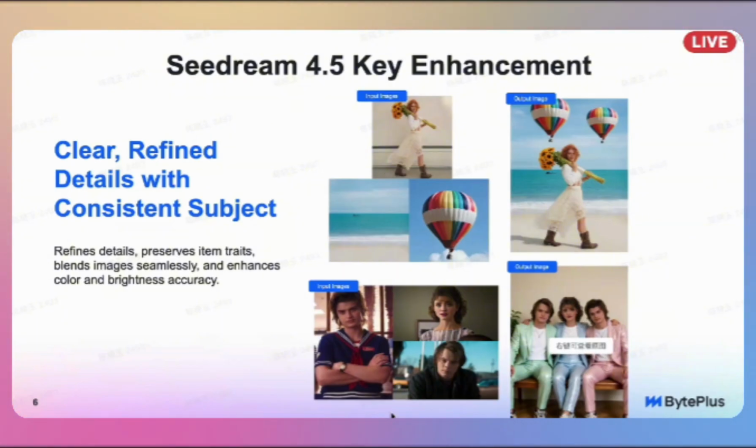For example, I talked about multi-image fusion, right? This is a really good example where I uploaded 3 persons with different genders and different characteristics. Previously, when I tried to use 4.0 to fuse them and come up with a group photo, it would always mix up the faces.